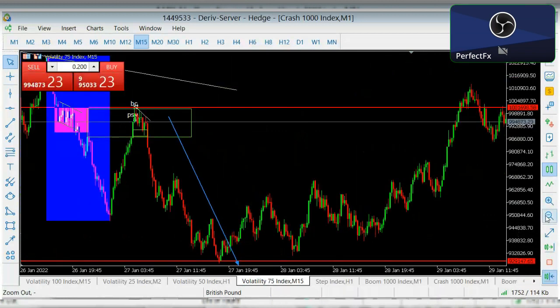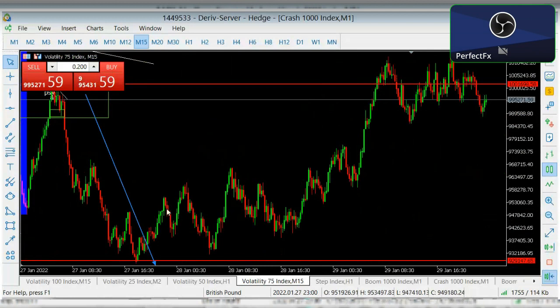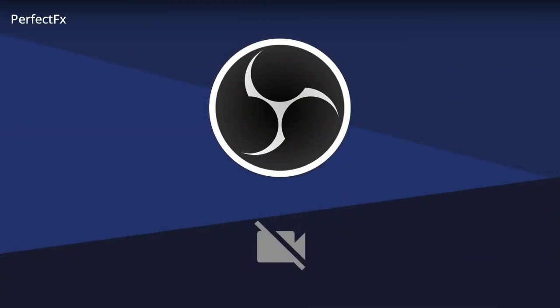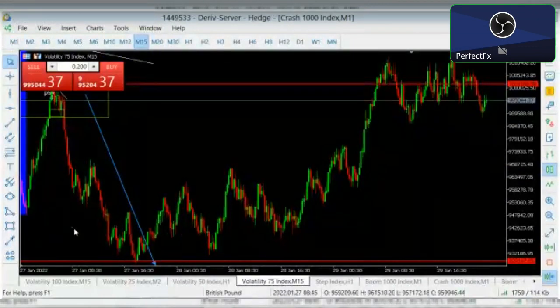So guys, some strategies allow you to lose about 5% of your account on a single trade. But mine, I'll take 3 trades and I might just be losing about 3% to 5% of my account on 3 trades.